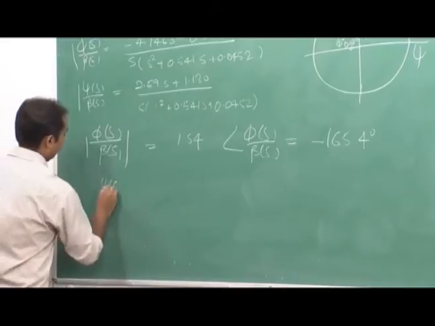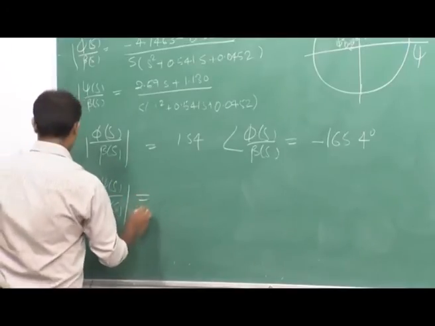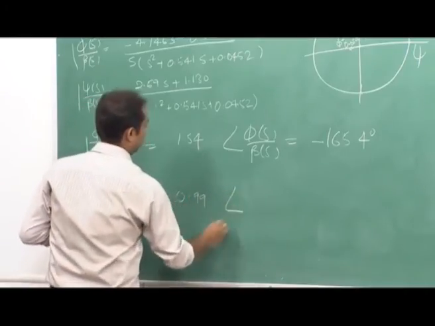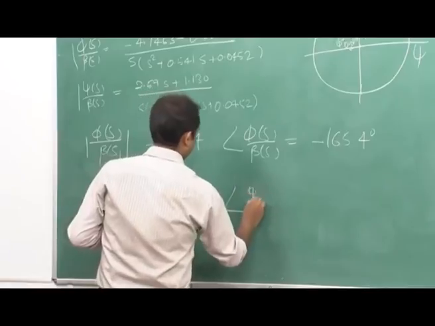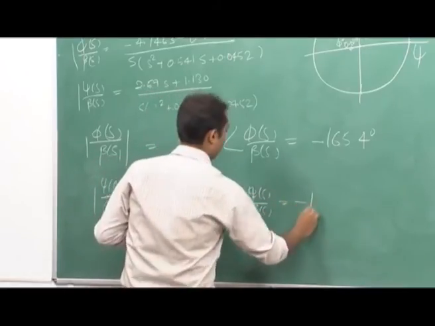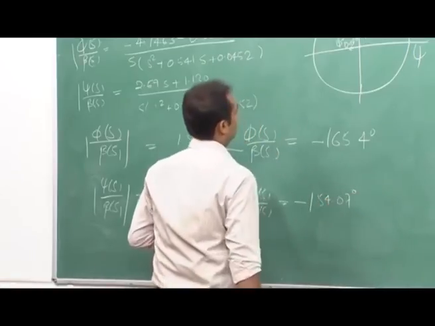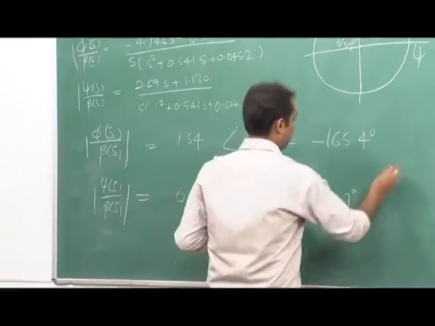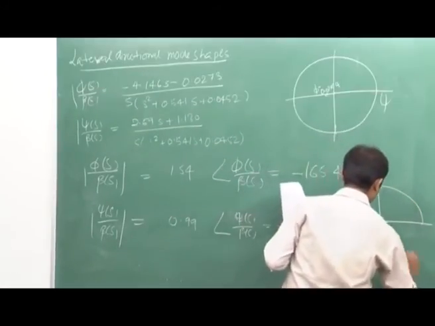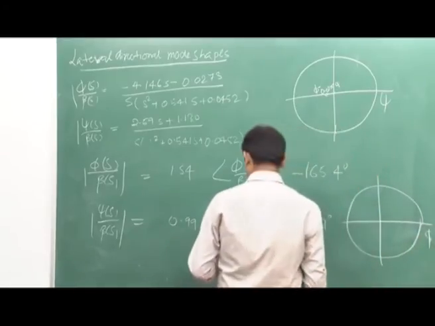Similarly, psi(s) upon beta(s) magnitude will be 0.99 and angle of psi(s) upon beta(s) equals -154.07.